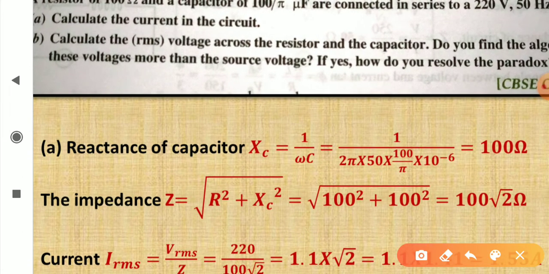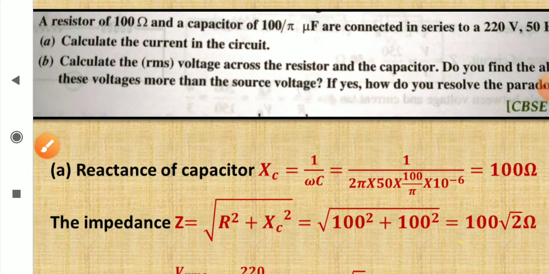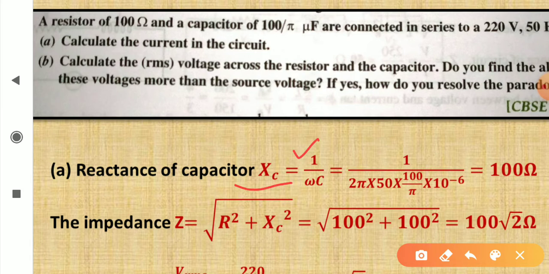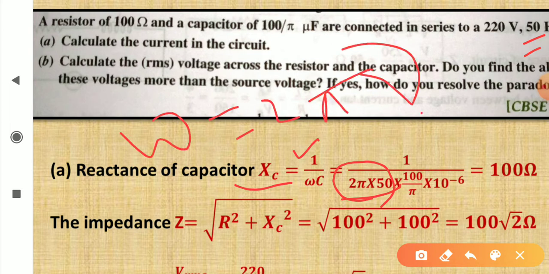Now to find the current in the circuit, first thing first, we must know its impedance. So reactance of capacitance is 1 upon omega C. The value of frequency is given to be 50 Hz, and you know that omega is 2 pi nu. So in place of omega, we put 2 pi into 50, into the value of C, which is 100 upon pi microfarad.